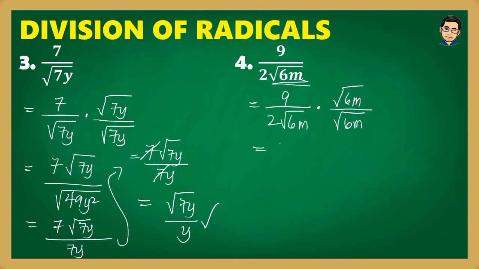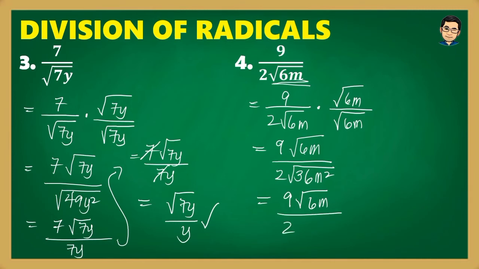So, 9 times square root of 6m, that is 9 square root of 6m, all over 2 square root of, the product of 6m and 6m is 36m squared. Next, 9 square root of 6m over 2 times the square root of 36m squared.